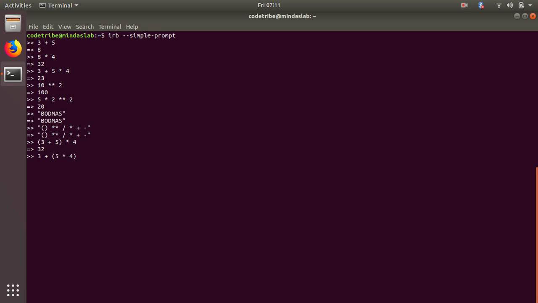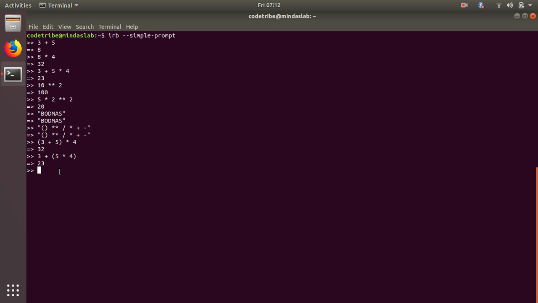But in a professional environment, you need to put brackets so that people will know which thing is done first. So yes, this one gives 23 because 5 star 4 will be evaluated first, and that will be added to 3.